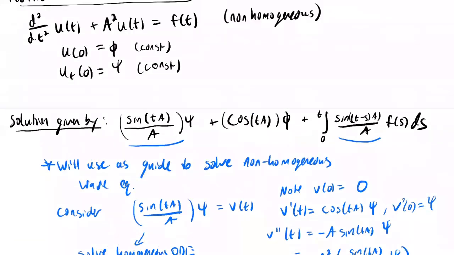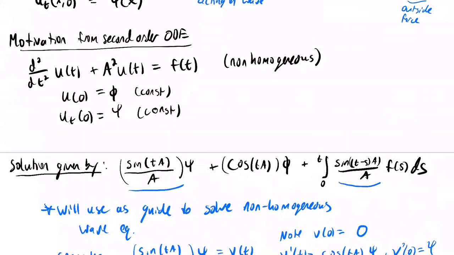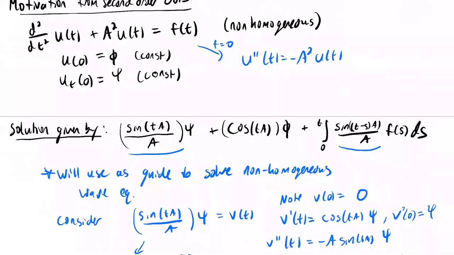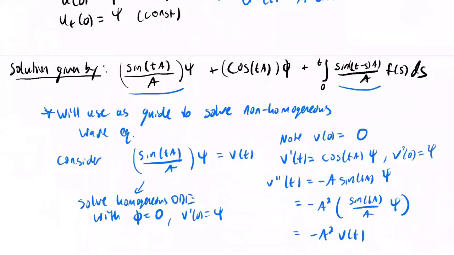Right, why does it solve the homogeneous equation? This is the same thing as u prime prime of t is equal to minus a squared u of t, right, if f is equal to 0, which is what we just saw here. The only difference is, again, f is 0, and we're assuming the initial condition when t is 0 is phi is replaced by 0 here, right?